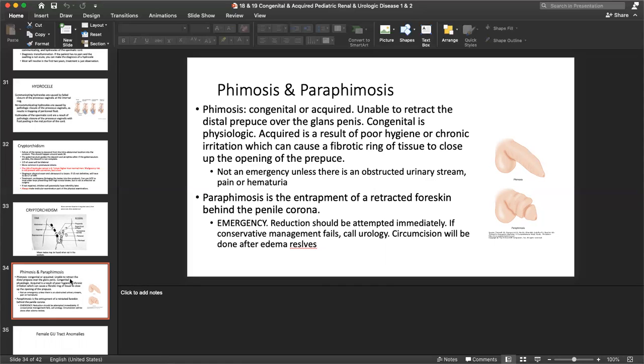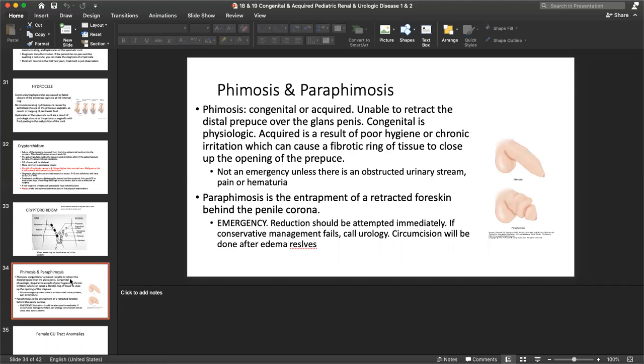A lot of times it's not that they don't clean it well. It causes irritation and a fibrotic ring, and so the tissue closes over the opening. If it completely closes and obstructs the urinary stream, there's pain, there's blood, that's a problem, obviously. But otherwise it's not.